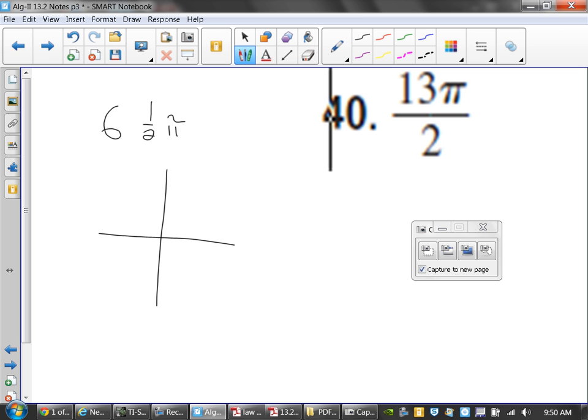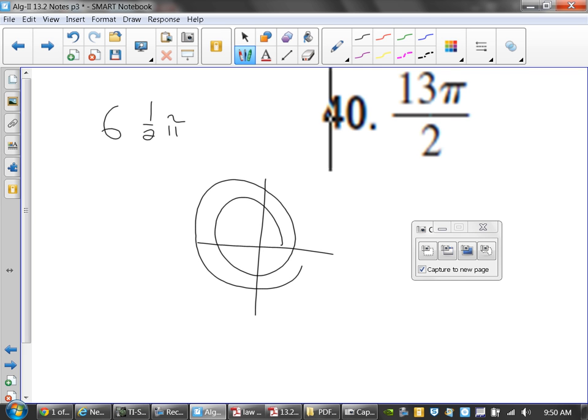how many pies does it take to get around a circle? Two of them. So here's 2 pi, 4 pi, 6 pi, half pi.